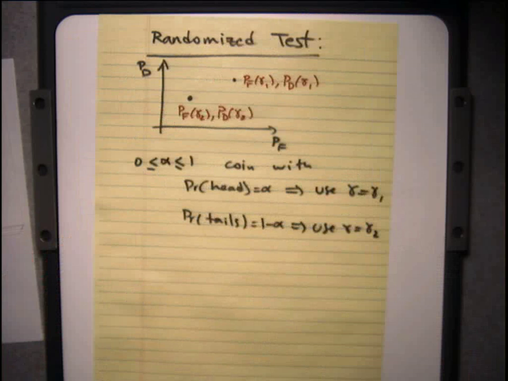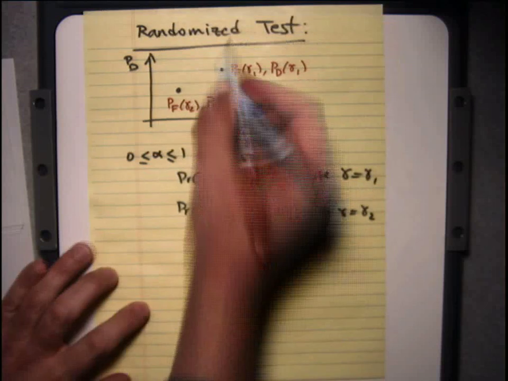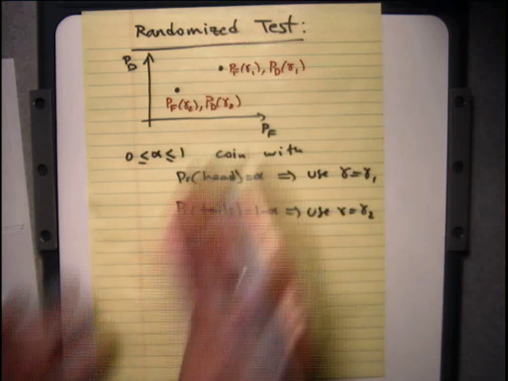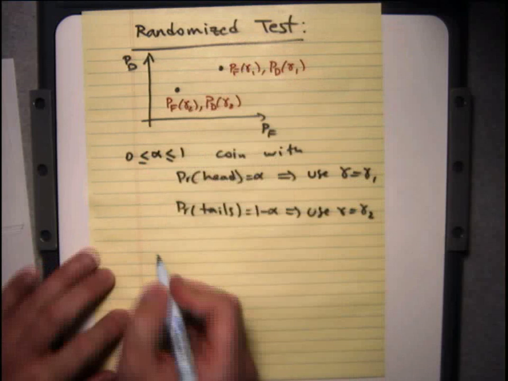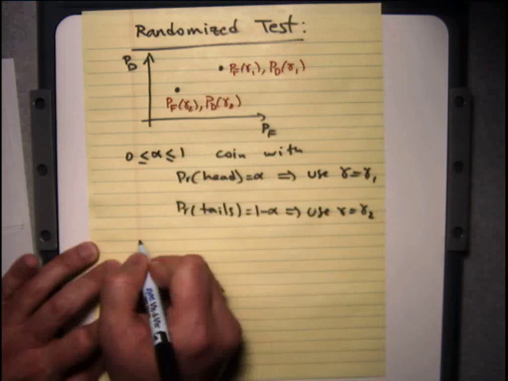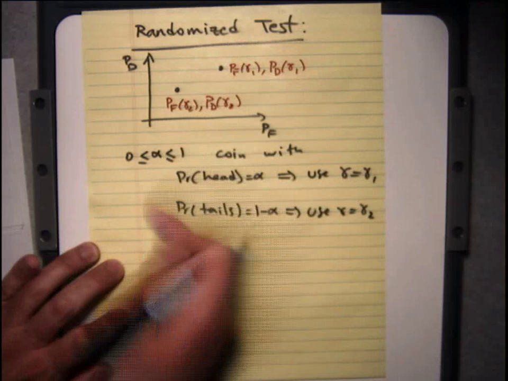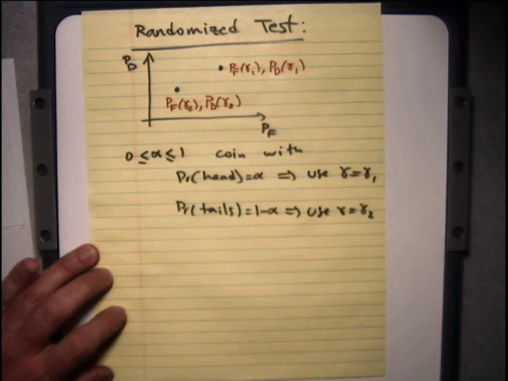Okay? All right, now let's assume also that these points here are from some likelihood ratio test, just like we said before. Now, if I did this, what would happen to the probability of false alarm and the probability of detection?